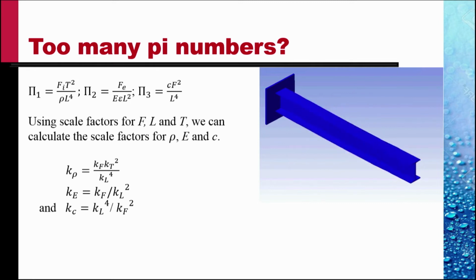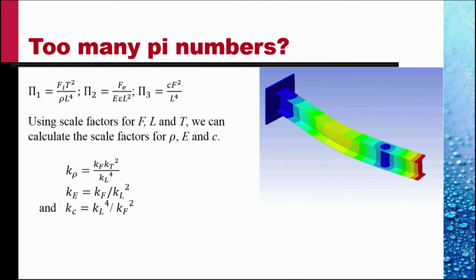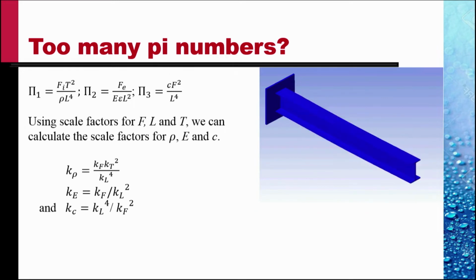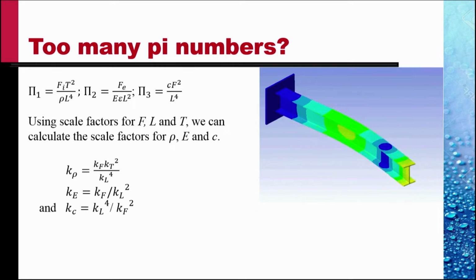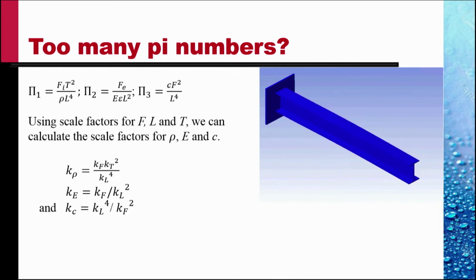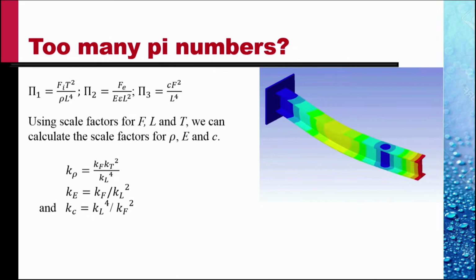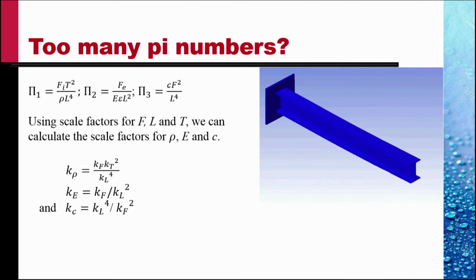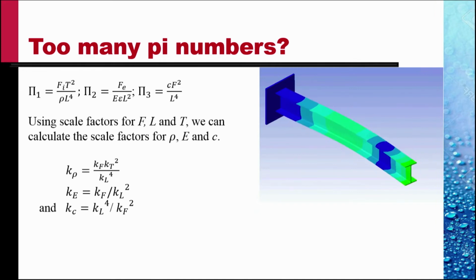Using scale factors F, L, and T, we can calculate the scale factors for density, elasticity, and the damping coefficient. K rho, the scale factor for density, turns out to be Kf Kt square divided by Kl raised to power 4 from the first one. For E, the elasticity, the scale factor is Kf divided by Kl squared. And for the damping, Kc is equal to Kl raised to power 4 divided by Kf squared.